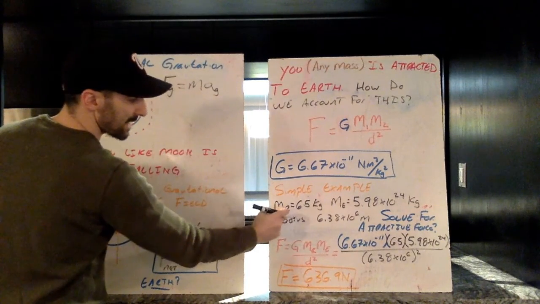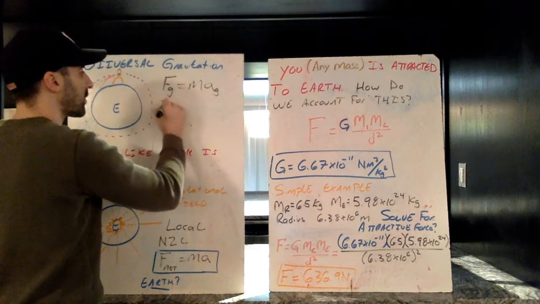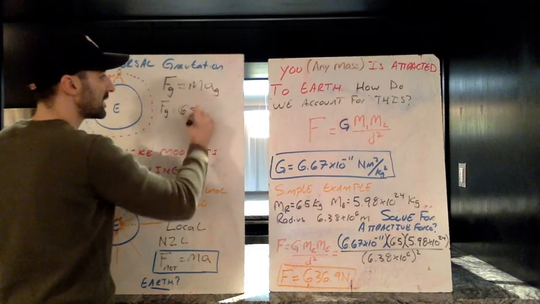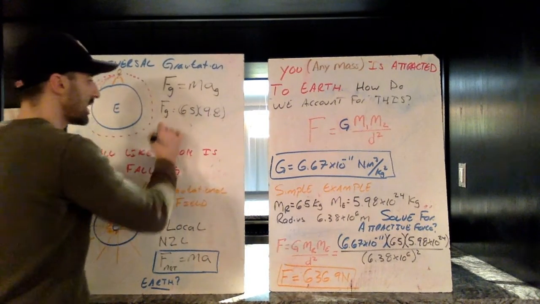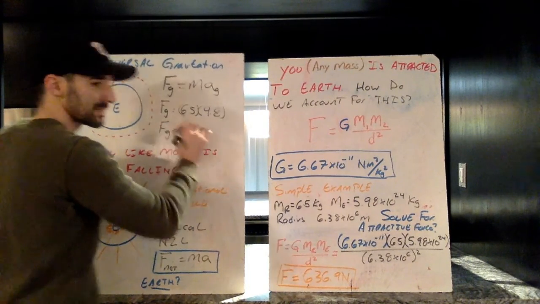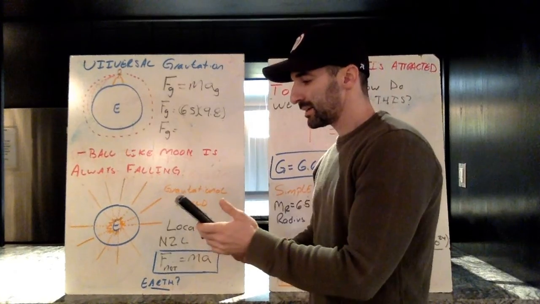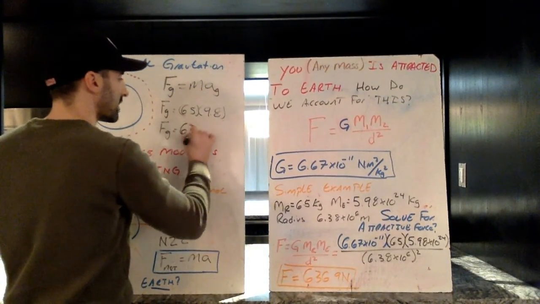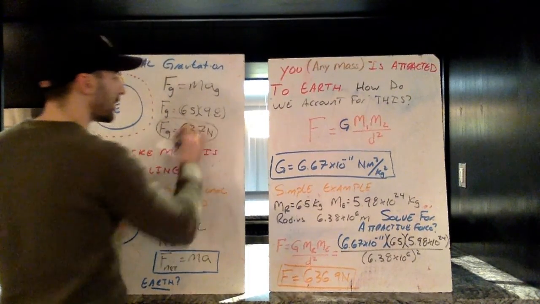Over here, I said that I'm 65 kilograms, so the force due to gravity is equal to 65 times 9.8, the acceleration due to gravity. When I multiply those numbers together, you get 637 newtons. Again, that's local.